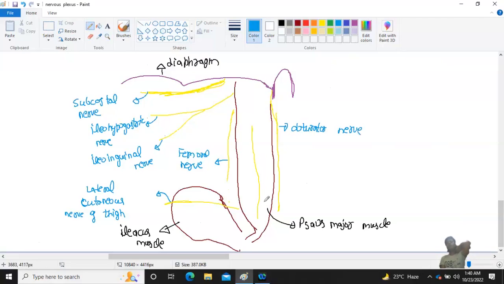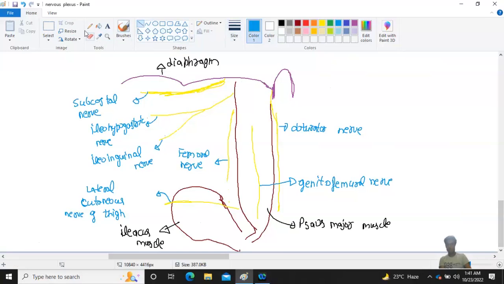This is the genitofemoral. It has genital and femoral branches. This is the genitofemoral nerve. This is the one-sided plexus. We only draw one side. These same things are present on this side. This is only one-sided. We draw only one side.